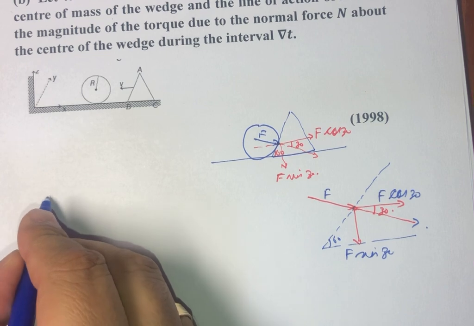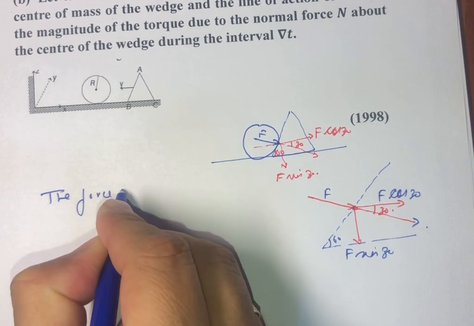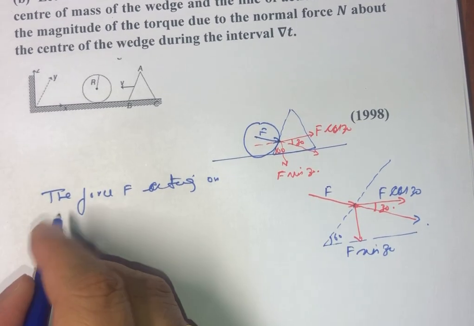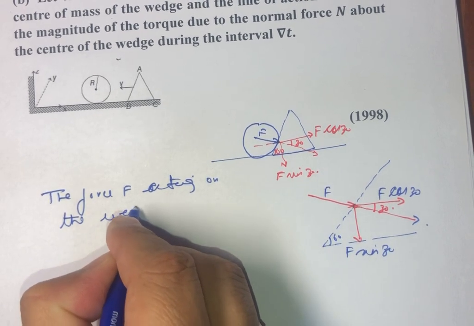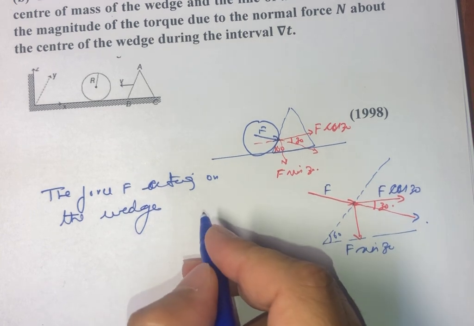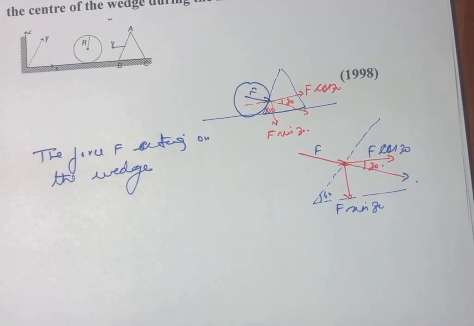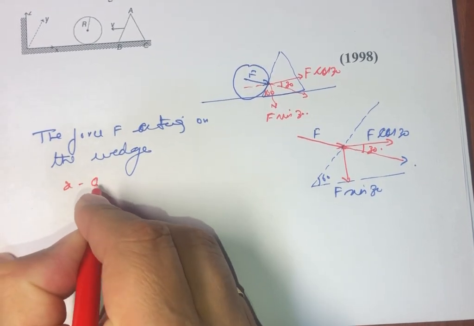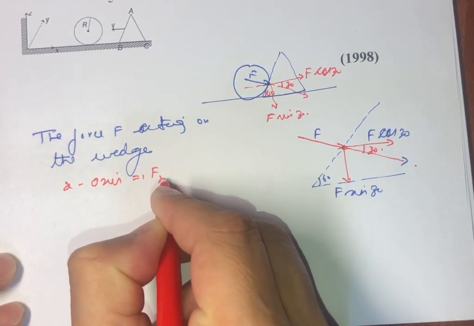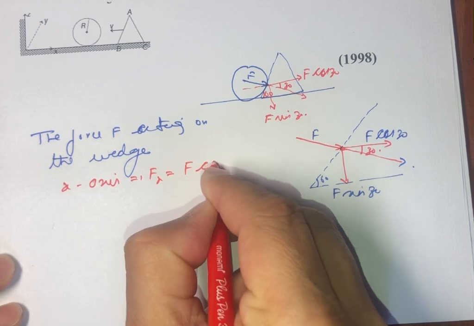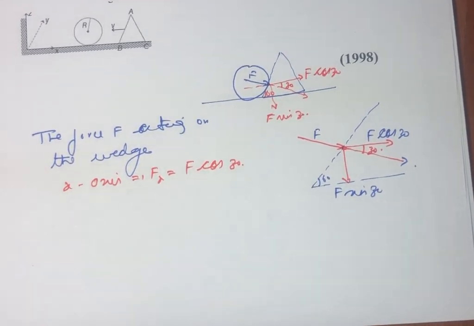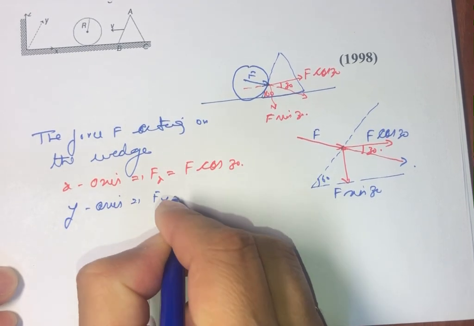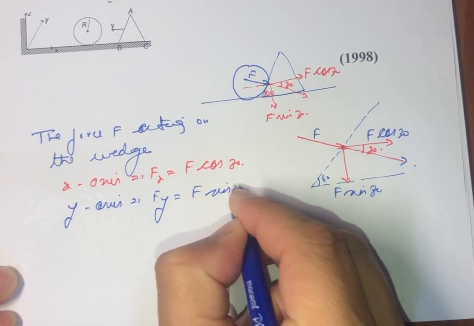Along the x-axis it will be F x, equal to F cos 30, and along the y-axis, let us suppose F y, which will be F sin 30.